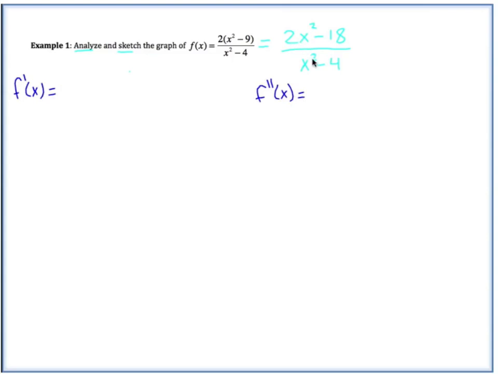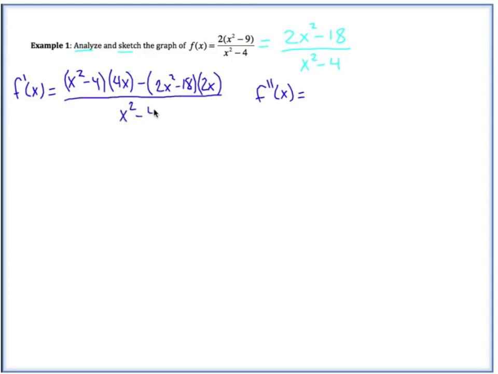So looking at the first derivative, we're going to have quotient rule. So it's our low function times the derivative of our high function minus the high function times the derivative of the low function, all over the low function squared.